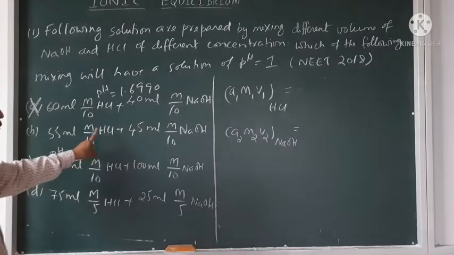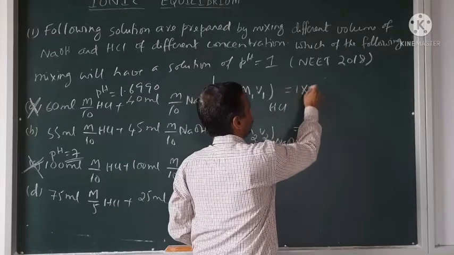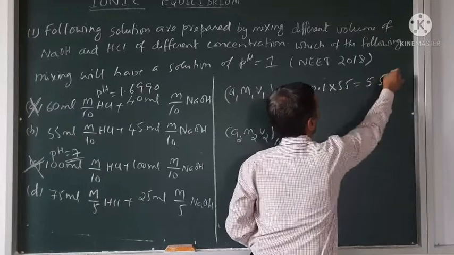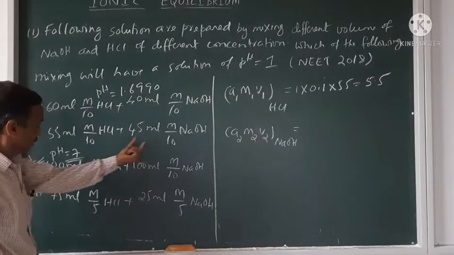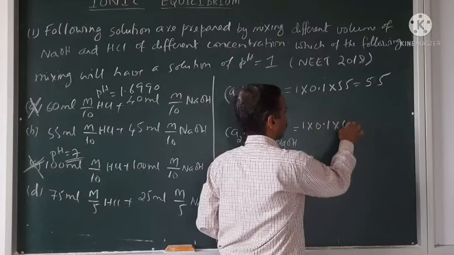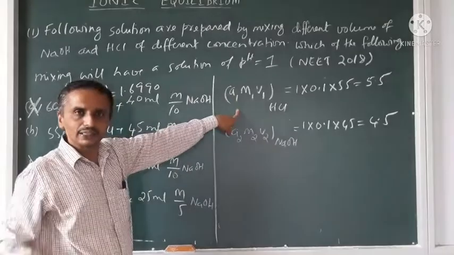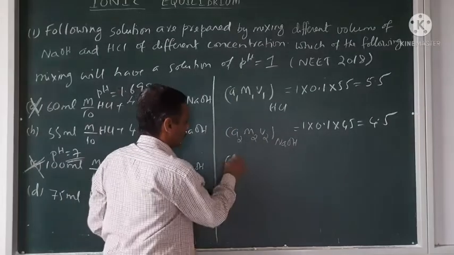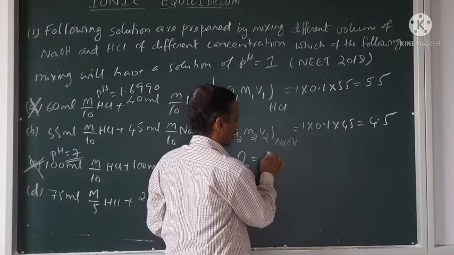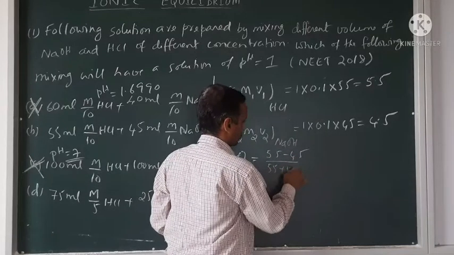55 ml 0.1 HCl, 45 ml 0.1 NaOH. So 1 into 0.1 into 55 is equal to 5.5. And for the sodium hydroxide, 1 into 0.1 into 45 is equal to 4.5. Again, HCl is the excess reagent. So H plus concentration remaining is equal to 5.5 minus 4.5 divided by 55 plus 45.